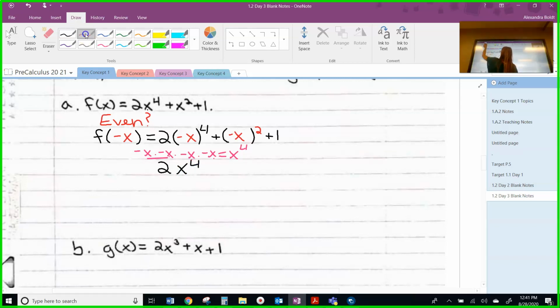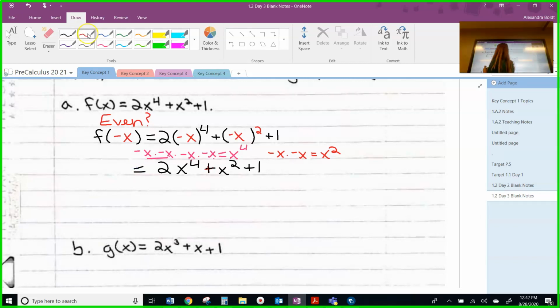I'm going to do the same thing with negative x squared. Right? Again, a negative times a negative is positive. So that's the same as x squared, and then just plus 1.